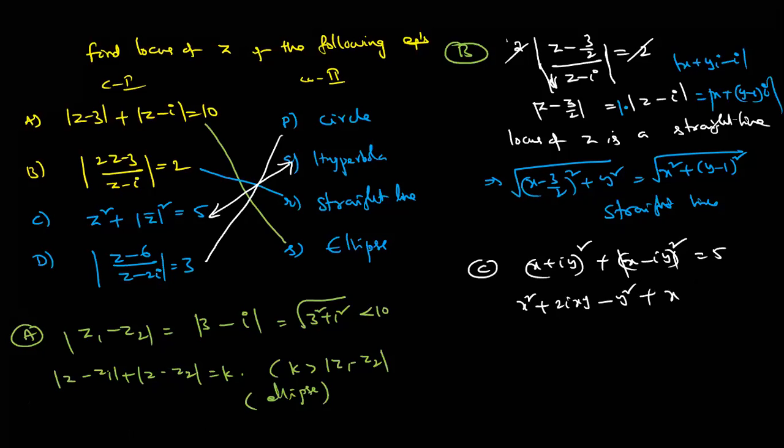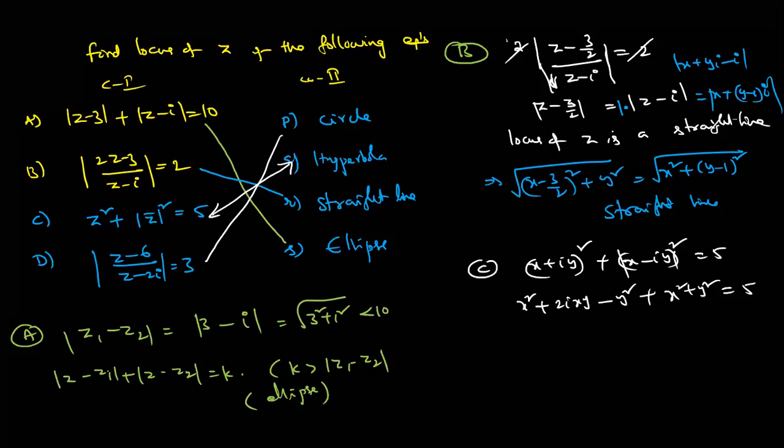What about this one? x square plus y square is equal to 5. Hyperbola is coming, check it. x minus iy, modulus means what?